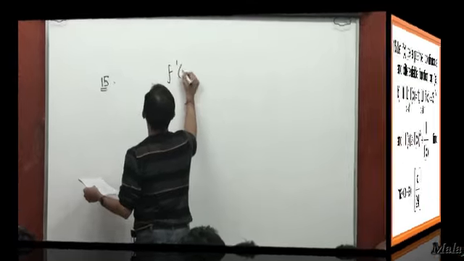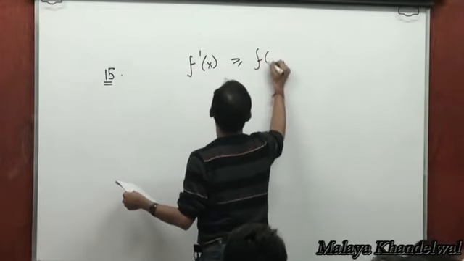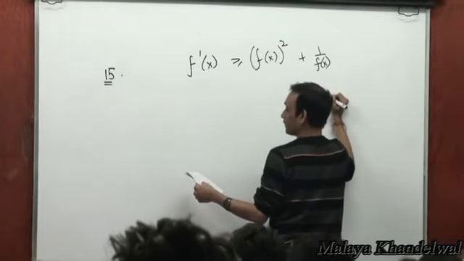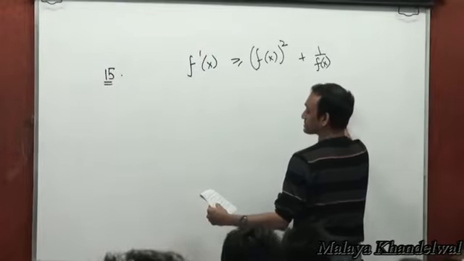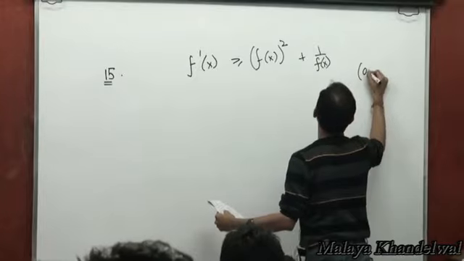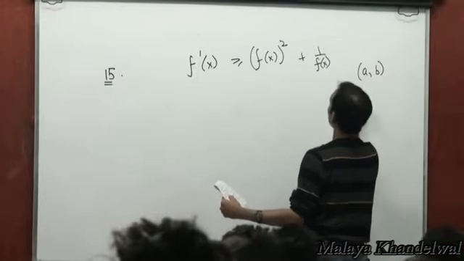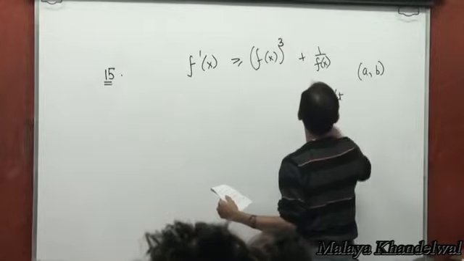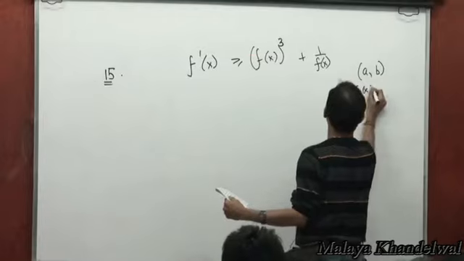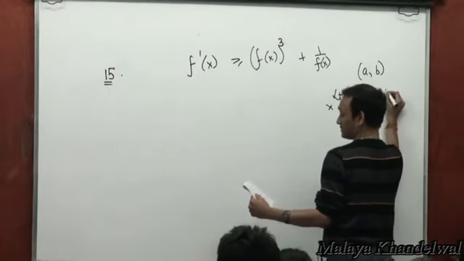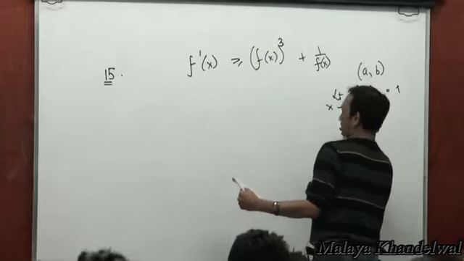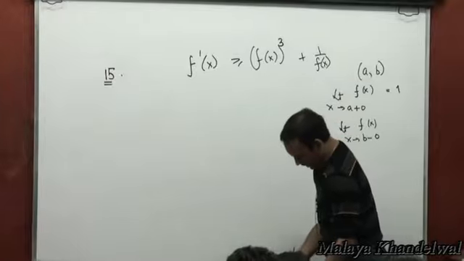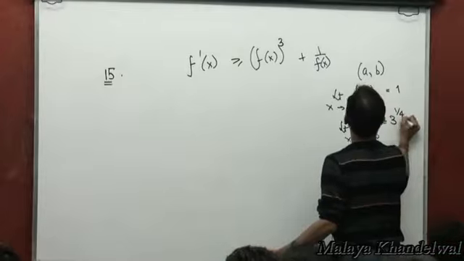We have f dashed x greater than or equal to f x whole square plus 1 by f x, and f x is a positive, continuous and differentiable function on the interval a to b, where this is f x whole cube, where it's given limit f x as x tends to a from the greater than a side equals 1, limit f x as x tends to b from the less than b side is 3 to the power 1 by 4.